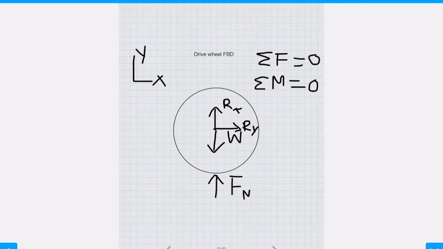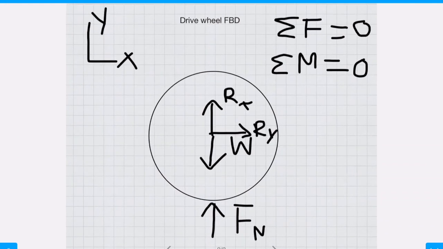Now, since this is a drive wheel free body diagram, the main difference between the drive wheel and the non-drive wheel, which is obviously just not connected to the motor, is that since this one is connected, it's going to have a torque. This torque is going to act around the center of gravity, and it's going to be represented by tau.